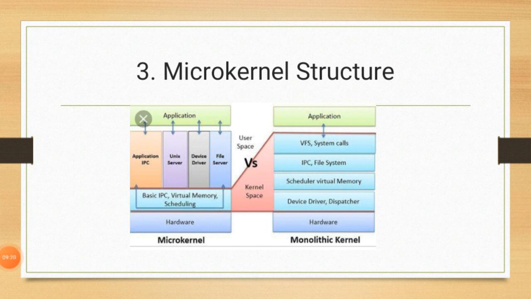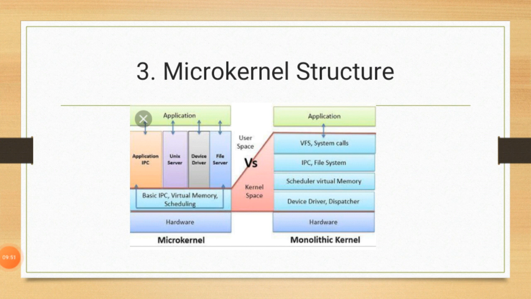Hence it has the smaller kernel. In monolithic kernel we have the VFS, system calls, IPC, file system, virtual memory, all scheduled under a single layer. That has been compressed into a smaller kernel, hence the name microkernel.